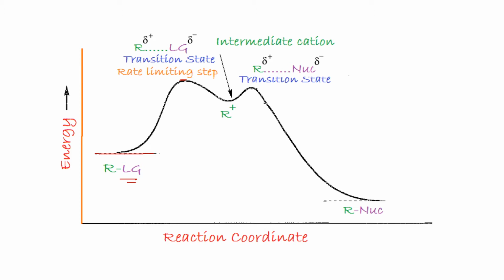Then the leaving group separates from the alkyl group, forming the carbocation. The nucleophile approaches to give the second transition state, then gets close enough to form the bond and form our new compound, the product.